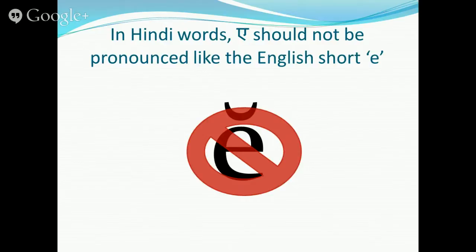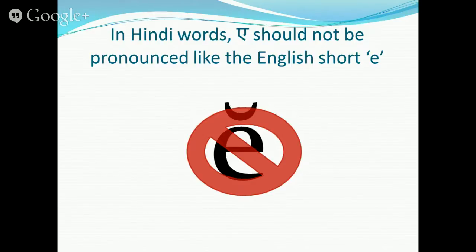And the first time you see them, you look for them in the dictionary and you'll pull out your hair and then you realize this is English. But we're talking about Hindi words, not English words. In those, A should always be pronounced as A, never as E.